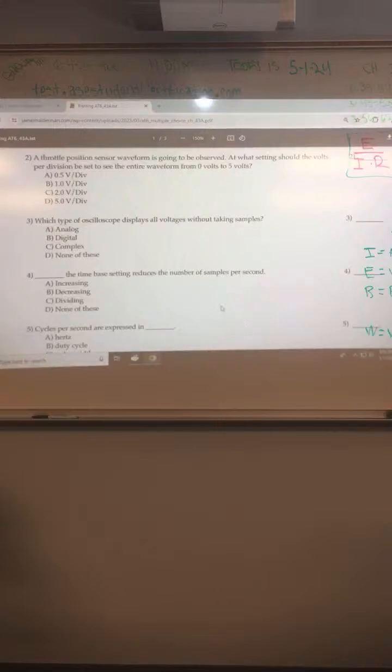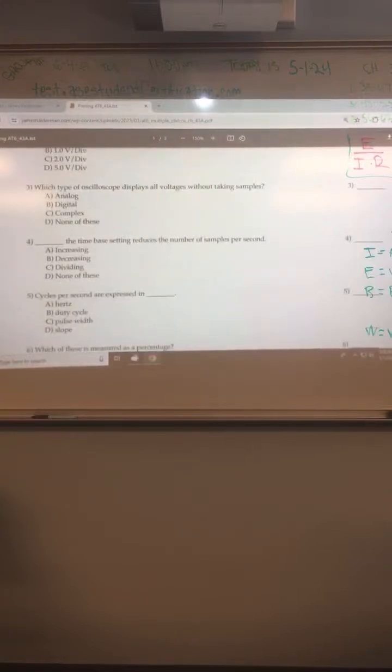Typically there are 10 divisions vertically on the scope, because you're going to look at voltage vertically, so it should be about 1 volt per division. Yeah, it says it on 497, right under figure 43-3.